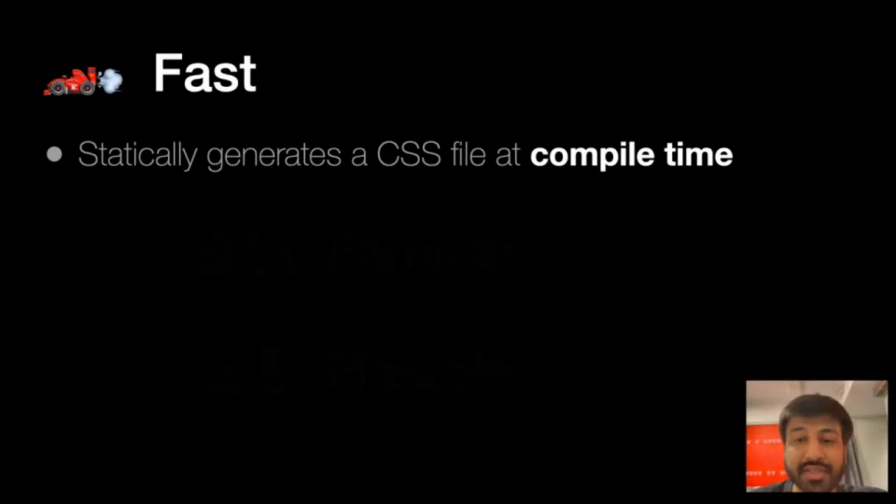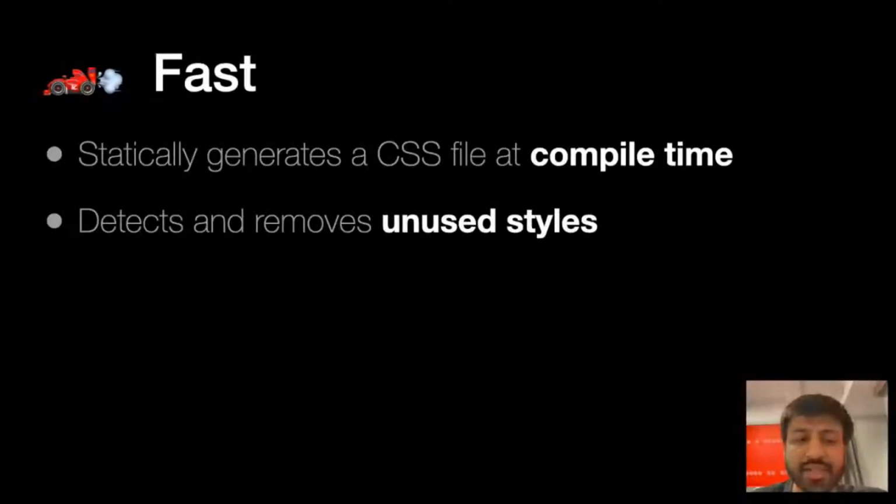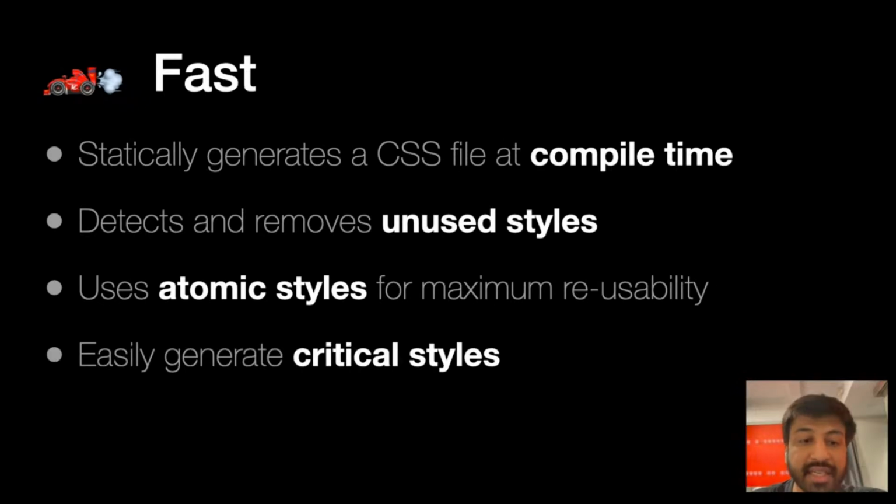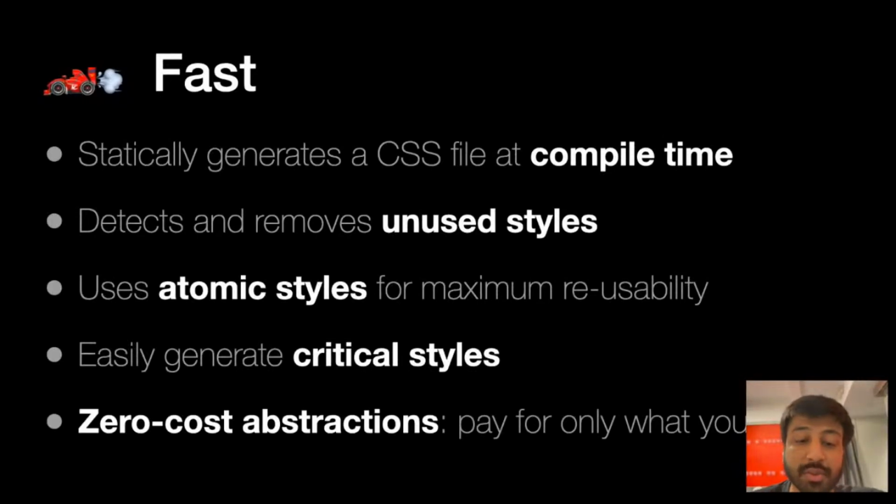So Stylex is written in JS, but not executed in JS. It detects and removes unused styles, uses atomic styles for maximum reusability, and easily generates critical styles. Stylex also uses zero-cost abstractions wherever possible, so you only pay for what you actually use.